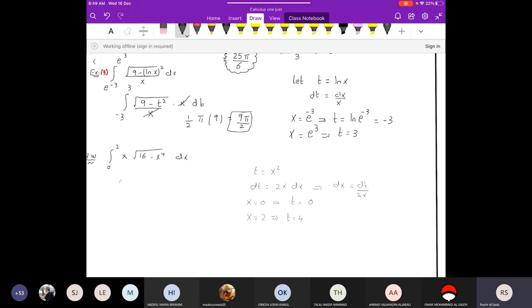So this is the integral from 0 to 4 of x times the square root of 4 minus t square, instead of dx, dt over 2x. Excellent. Now continue. Wait, this will be a quarter circle. Excellent, this is a quarter circle.